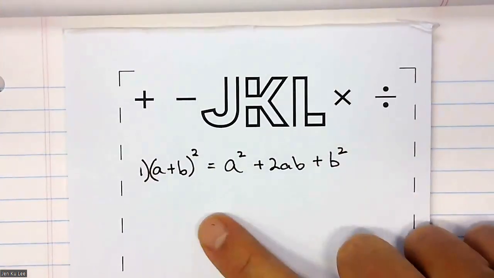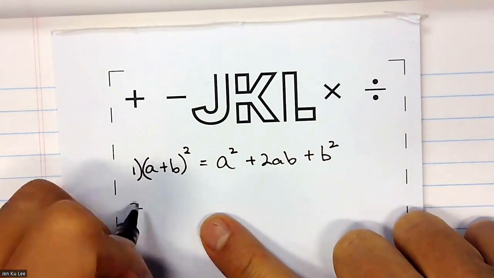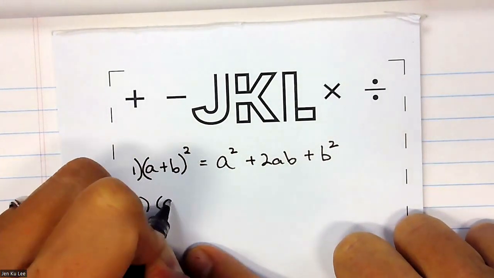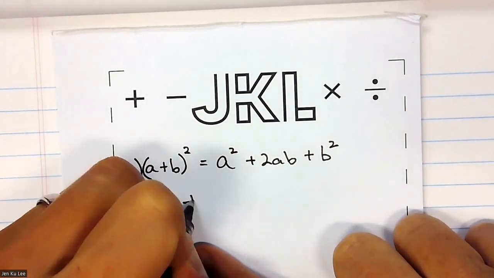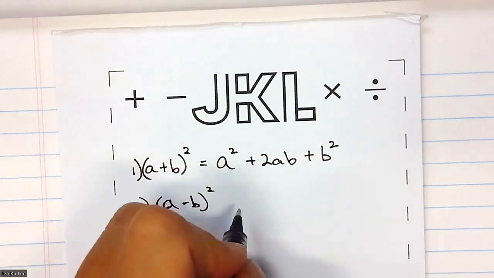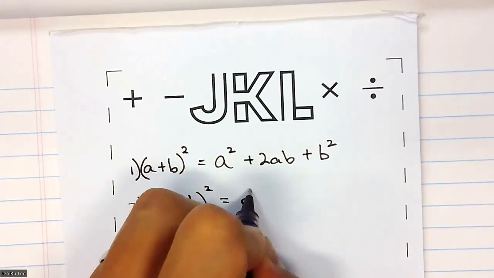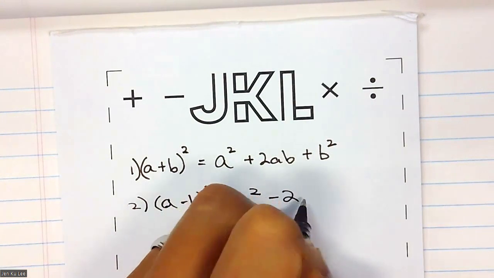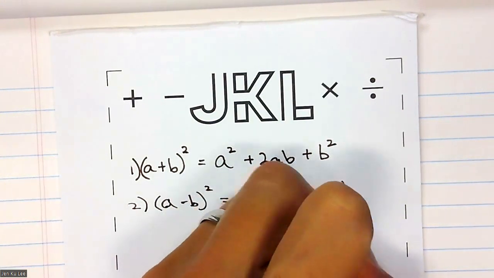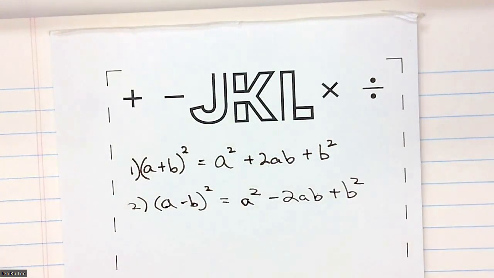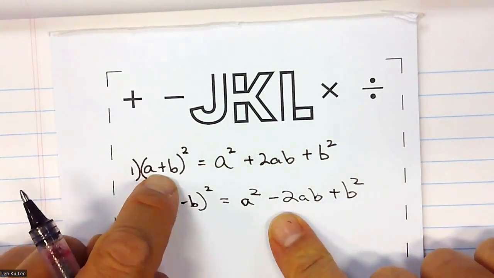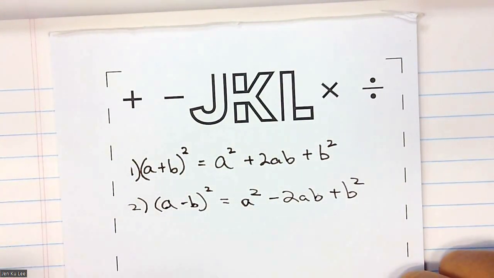So the only difference in special form for number 2, a minus b quantity squared, that's going to just break out to be a squared minus 2ab plus b squared. Okay? The plus goes with the plus, the minus goes with the minus. That's it. Okay?